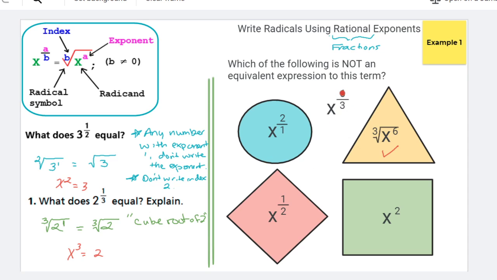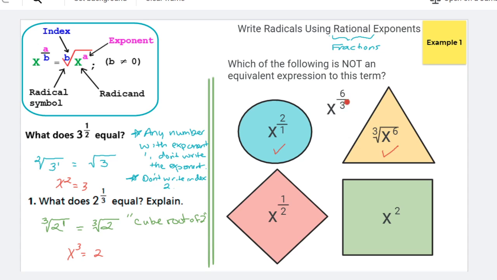Now, one thing that's interesting is these fractions do follow all of our fraction rules. So I can reduce this fraction. 6 and 3 are both divisible by 3. If I divide them by 3, 6 divided by 3 is 2, and 3 divided by 3 is 1. So x to the 2 over 1 is also an equivalent expression.